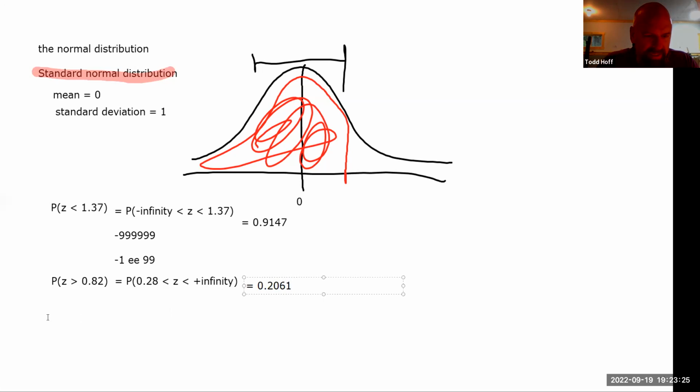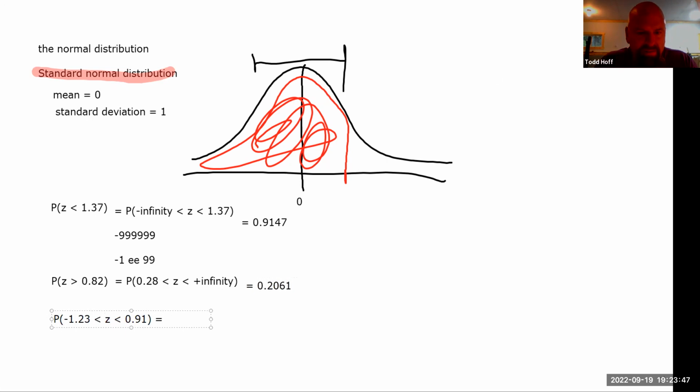And of course, then the next option is the probability of being between values. Probability that negative 1.23 is less than Z is less than 0.91. Well, this was pretty simple. This is already arranged, so we don't have anything to adjust to enter it in the calculator.